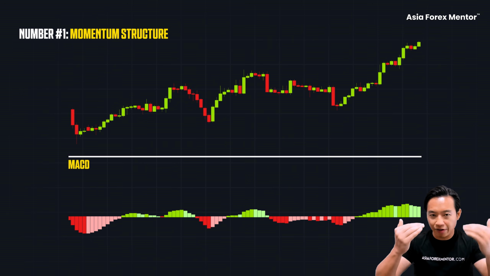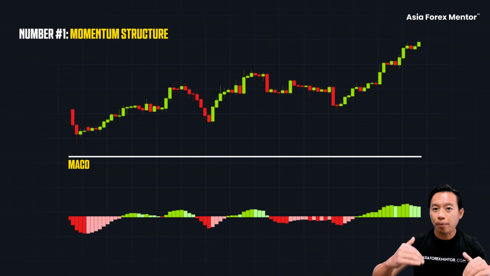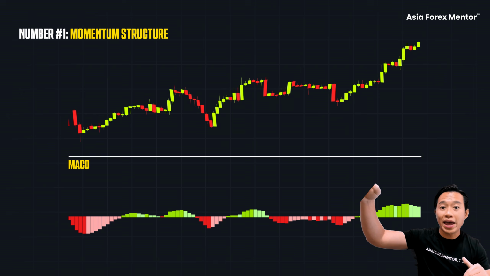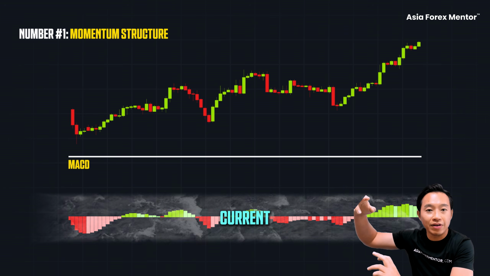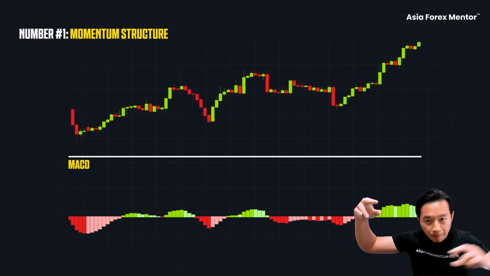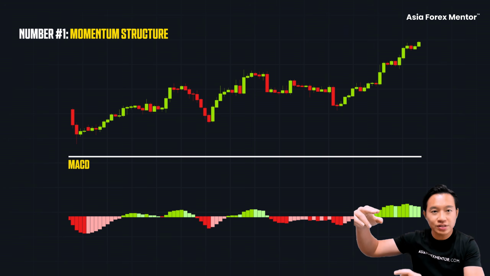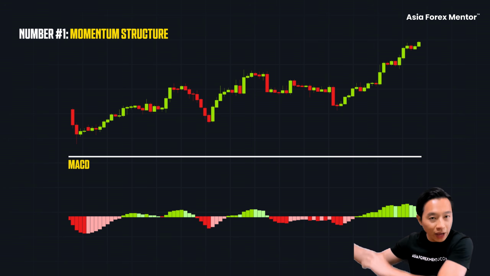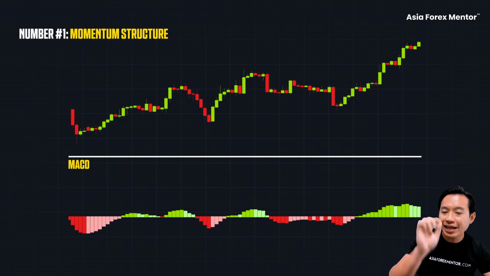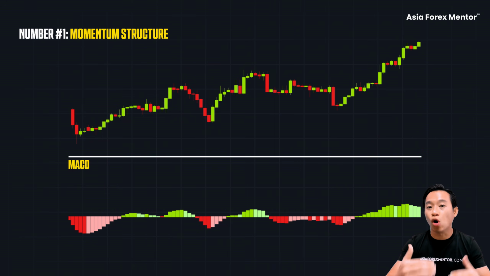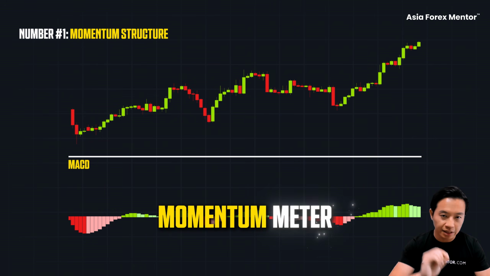Think of it as the current beneath the surface, right? Price is just the wave at the top, but beneath it is the current. So the momentum is the force that is pushing that wave, whether it is pushing it forward or pulling it back, right? So that's where the MACD becomes your momentum meter.